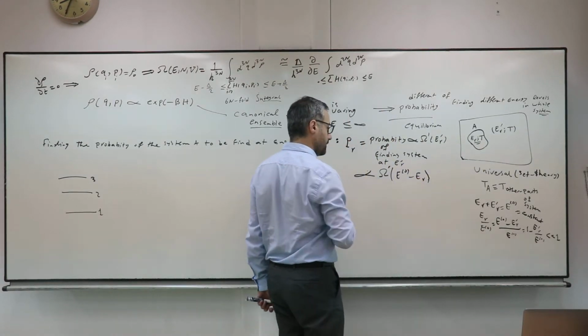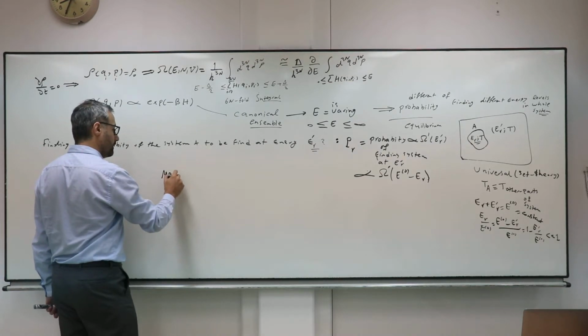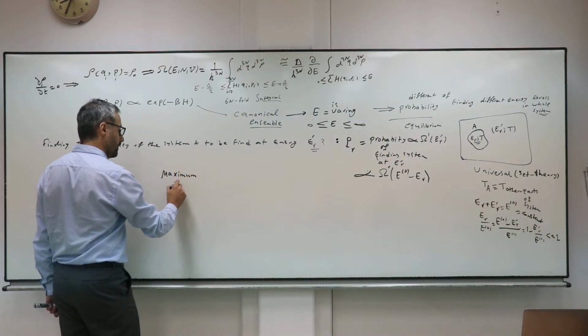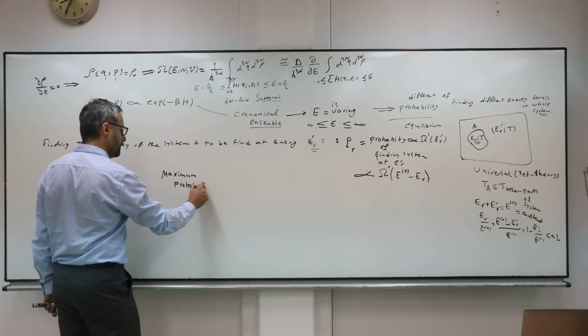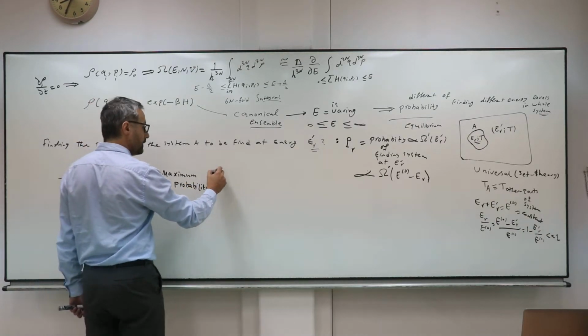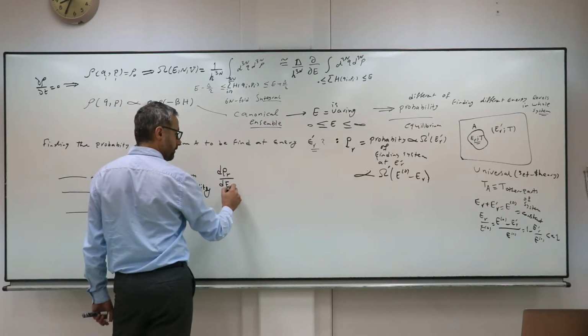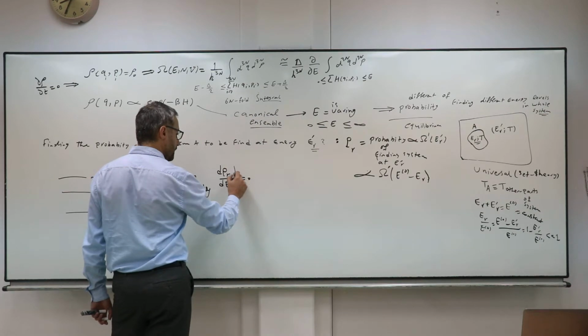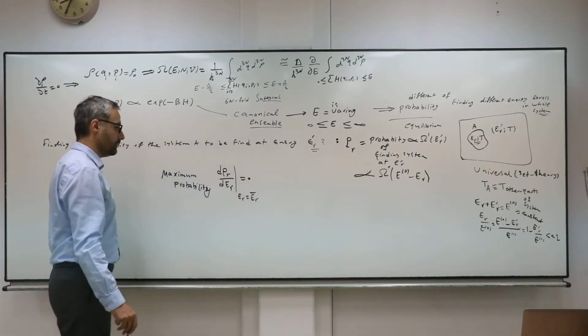And if you want to find the maximum probability, we need to make the derivative of this with respect to ER0. And it could be 0 at some value, we call it the average of the energy.